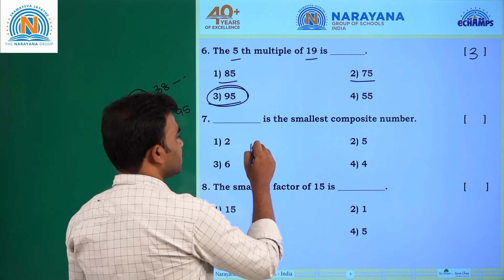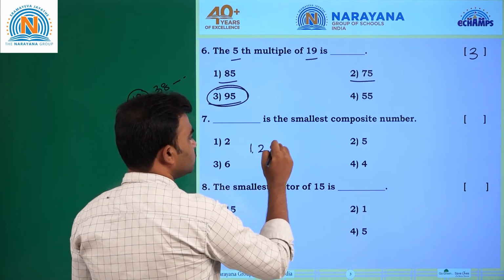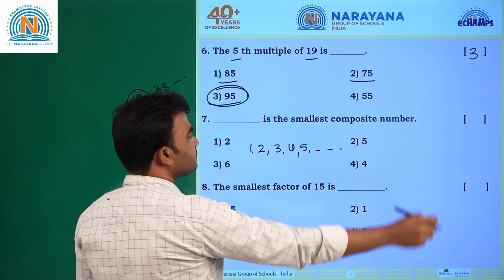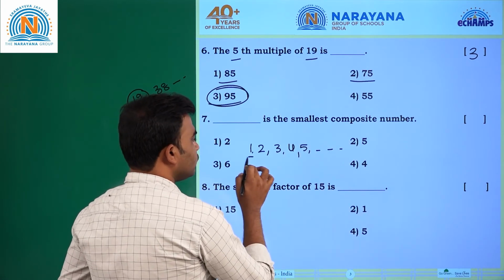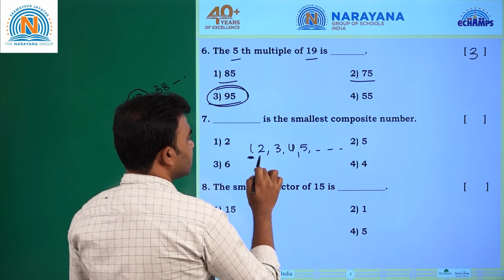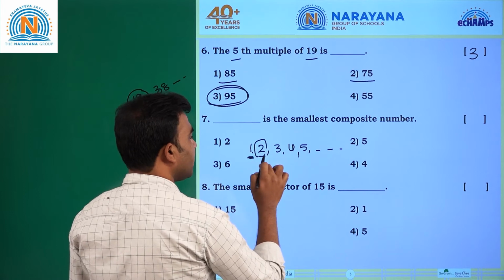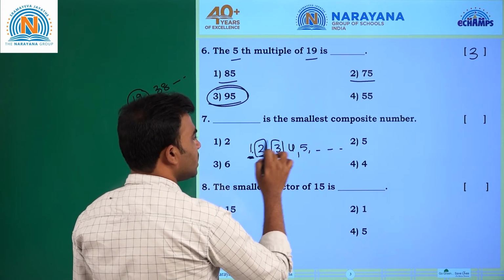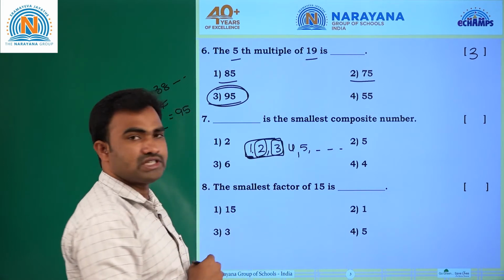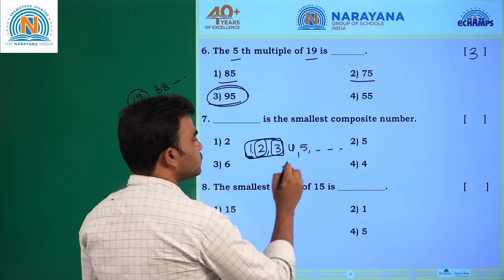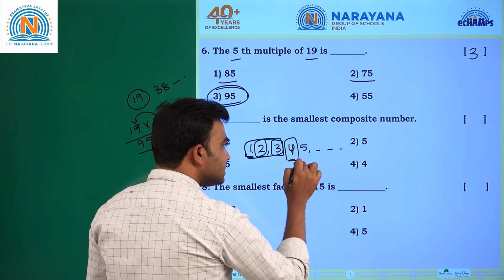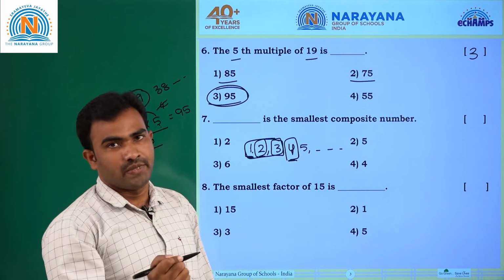So counting numbers start with 1, 2, 3, 4, 5 and so on. In this we know that 1 is neither prime nor composite. Next 2, we know that is a prime number. 3 is also a prime number. So in these 3, do we have any composite number? No. Next one, 4. 4 is not a prime number and this is a composite number.